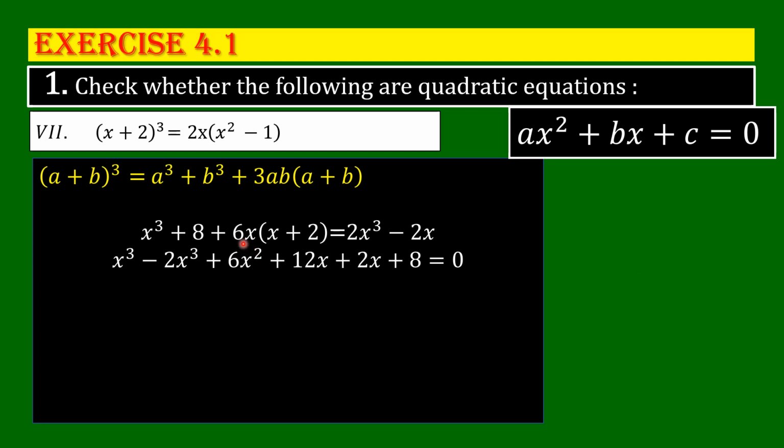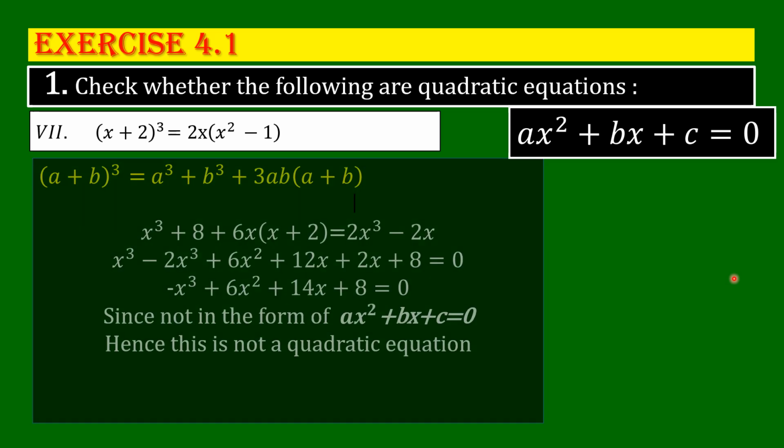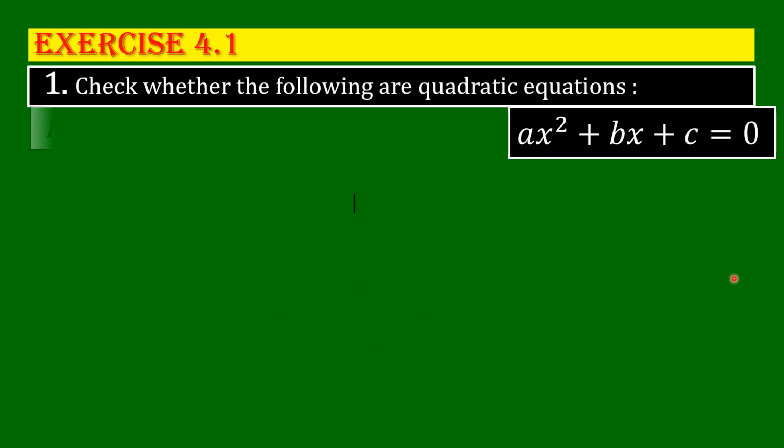Again we'll open this bracket, 6x squared plus 6 times 2 is 12x, right? And simultaneously we are shifting these two to the left hand side, so we are left with x cube minus 2x cube is equal to minus x cube plus 6x squared plus 14x. This is simplified, so this is again not in the form of ax squared plus bx plus c is equal to 0, so this is not a quadratic equation, right?